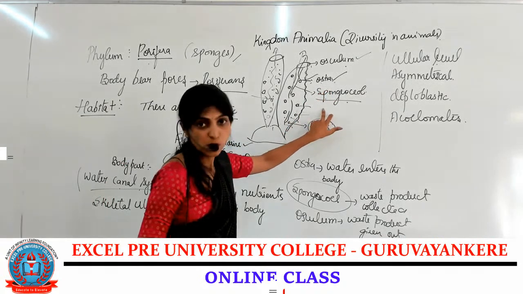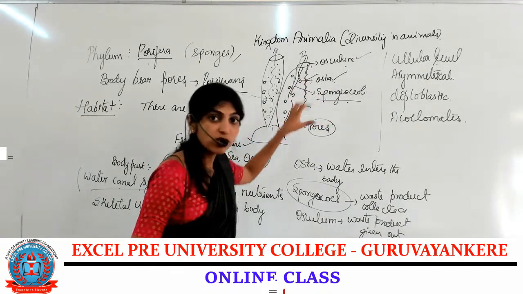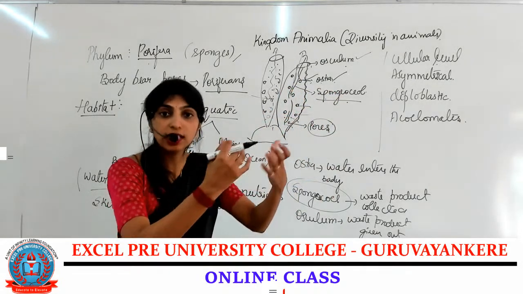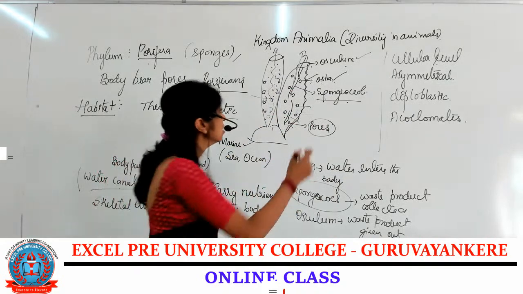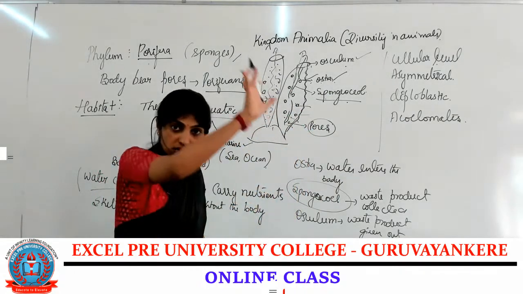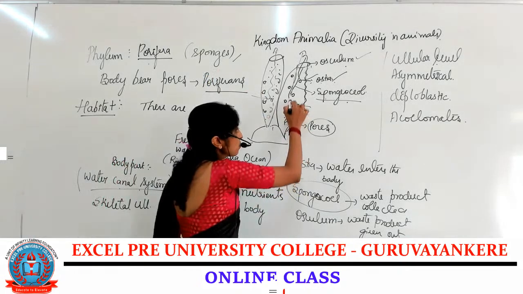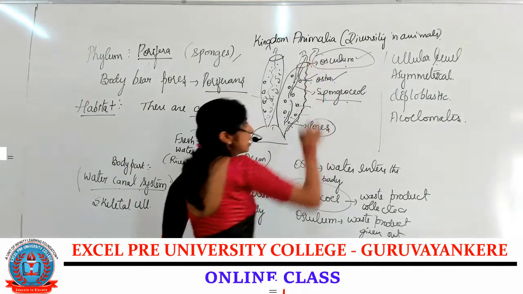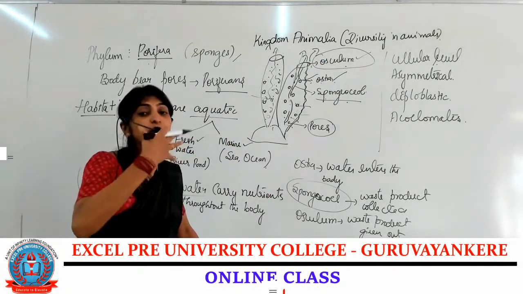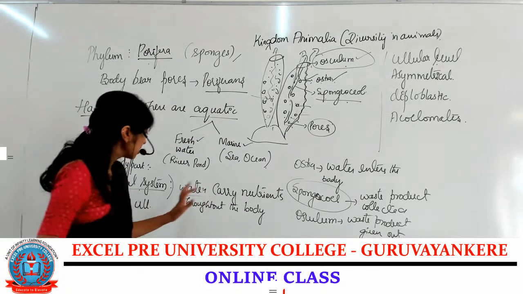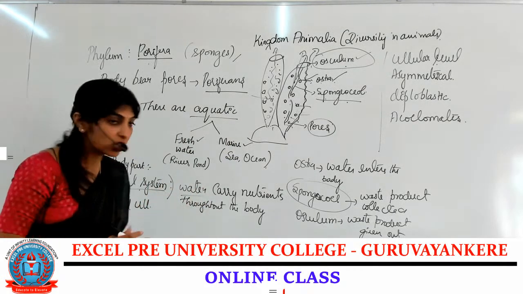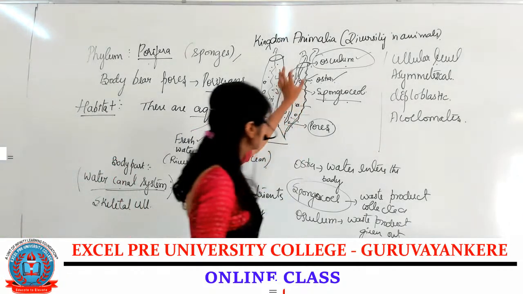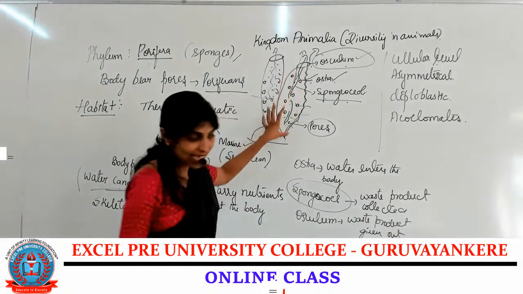It moves to the spongocoel. While moving in through ostia, it takes all the nutrients throughout the body, and the waste product is collected along the spongocoel and given outside through the osculum. That type of canal system or transport of water we call the water canal system. Then the external body here is lined by skeletal cells.